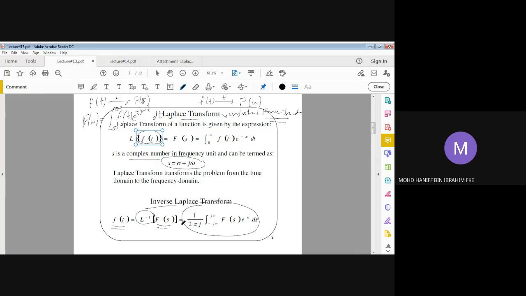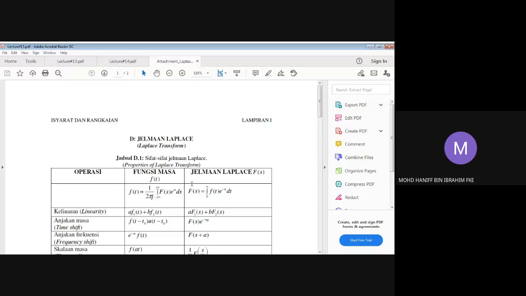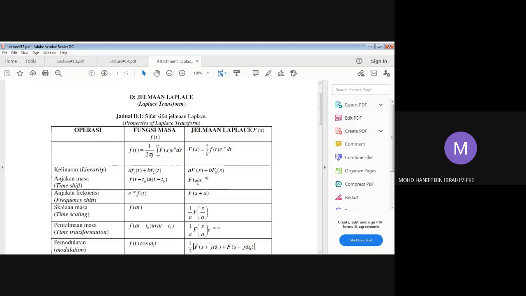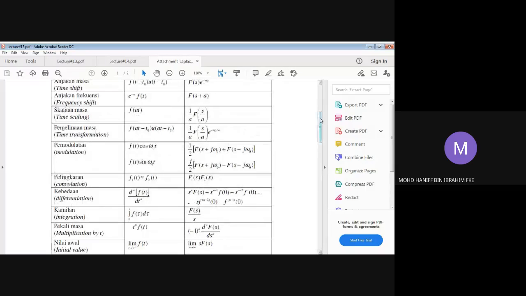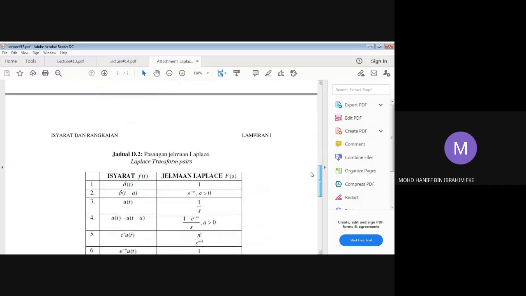The same thing applies to chapter 4, in which we will use a table for the transformation. I provided this attachment in our Google Classroom last time. Most of the transformations will be based on this table.